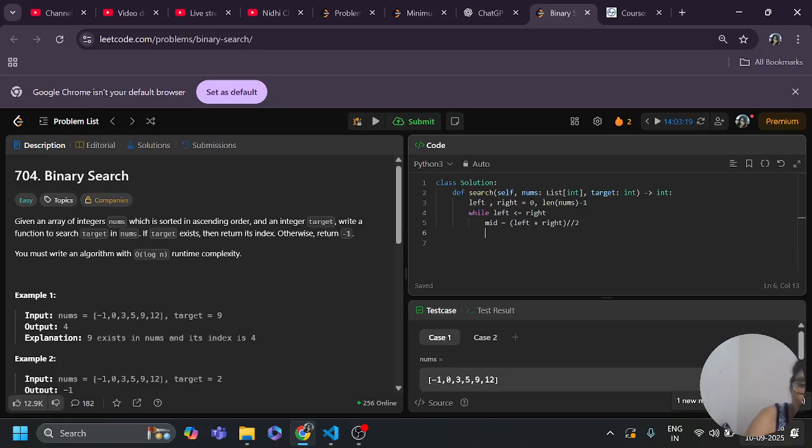Here I need to apply an if condition: if numbers at mid equals target, return mid.